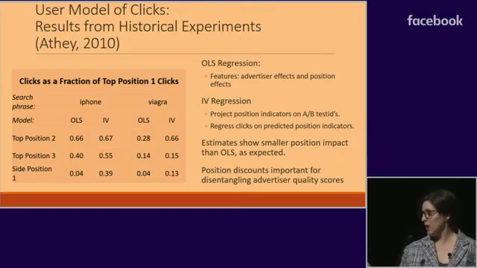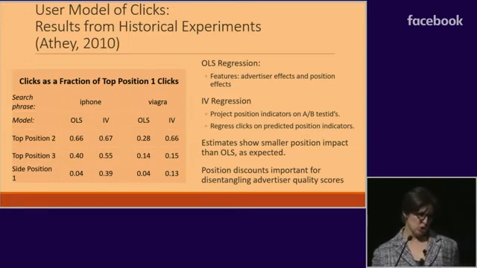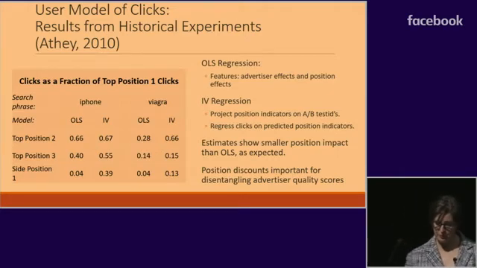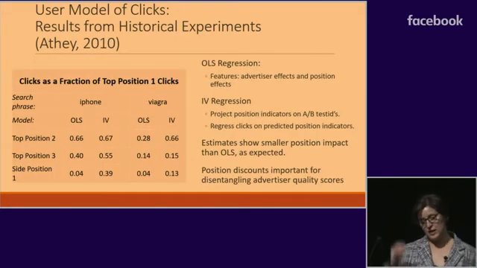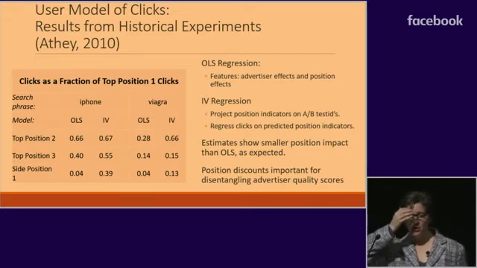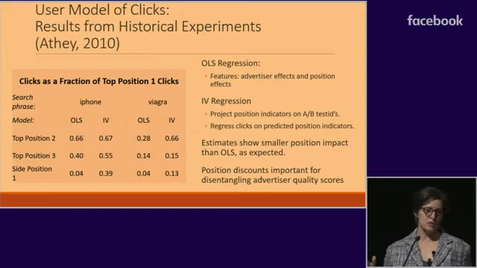Separately, I ran a bunch of experiments randomizing positions at Bing and found similar results in a purely randomized experiment designed to look at this. I would just say this was an example, circa 2008 to 10, where the search engine wasn't really taking this into account. The click prediction model was just using the observational data and trying to control for ad effects and position effects, but wasn't really factoring in that there was this bias.